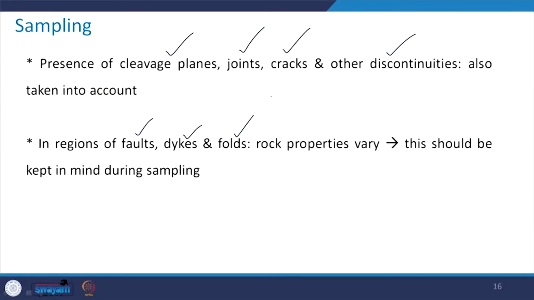All these terms we have already discussed. With the help of various pictures, I tried to explain various elements of these geological structures to you, and you have seen how the geological deposition of the material creates such types of geological structures, and the rock properties can vary like anything. And one should keep in mind all these things during sampling.